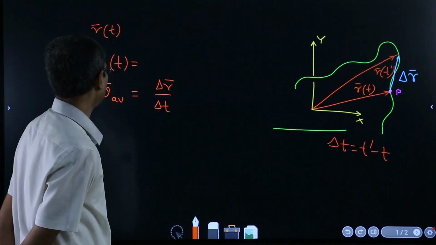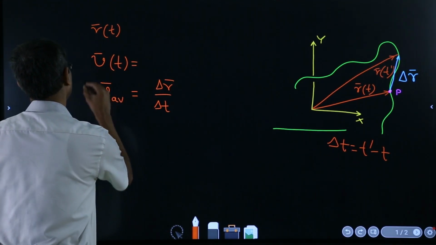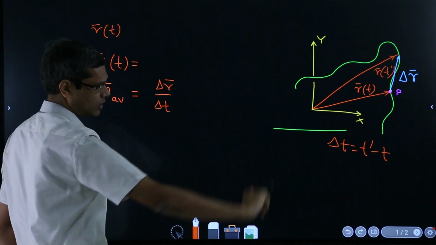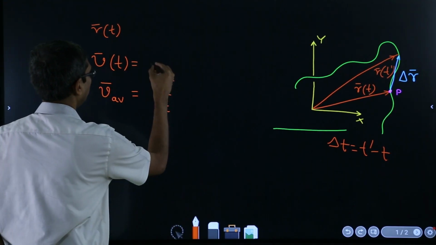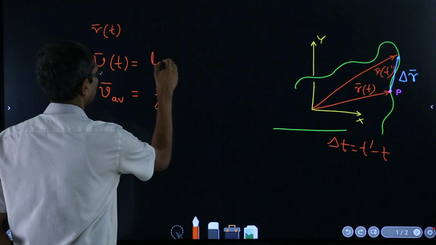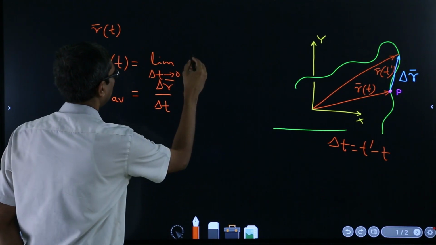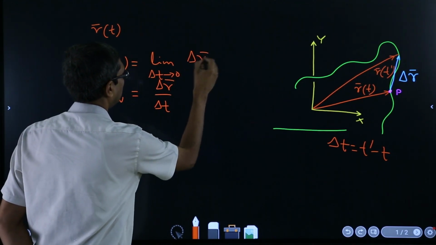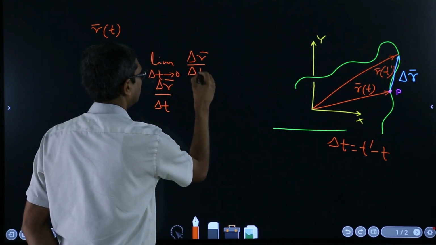Okay. And the average is the total change by the total time, and the instantaneous velocity v will be the limit of this when delta t tends to 0 of delta r over delta t.